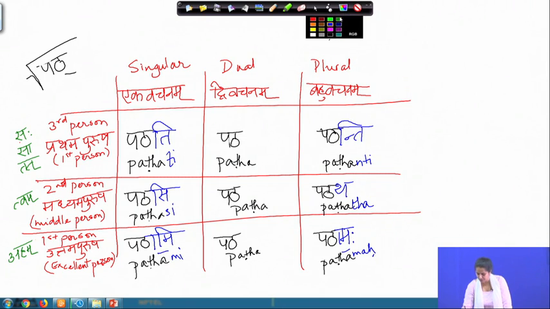So we've also at the same time looked at the pronouns. I'll just put the pronouns in for you for the plural so you know them correctly. So the pronouns are te, taha, tani.